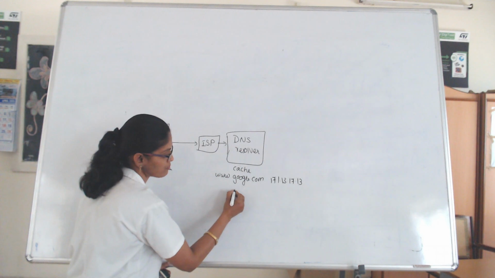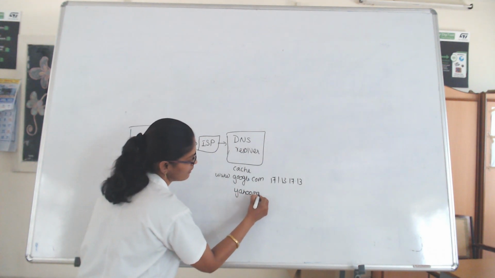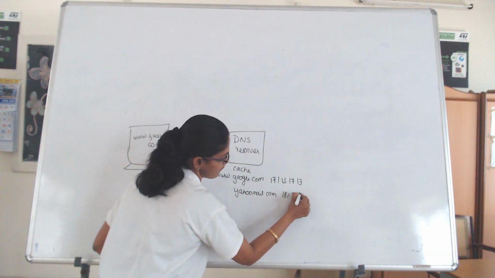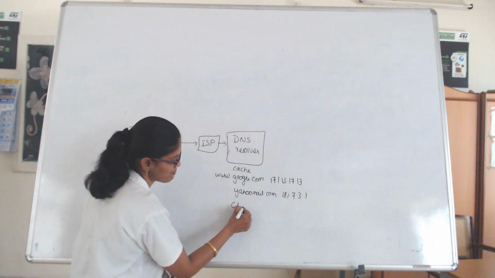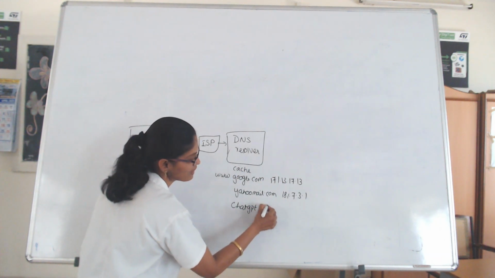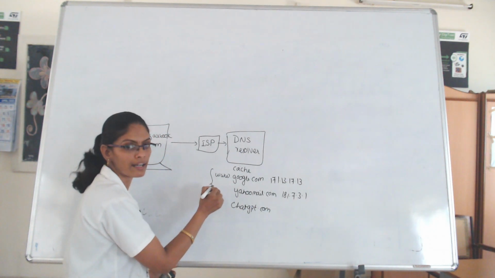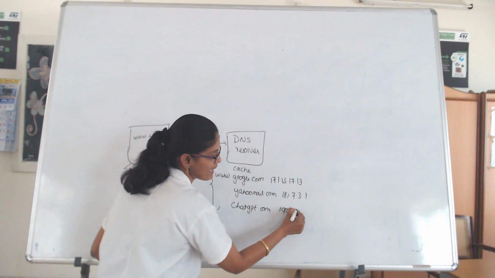Similarly, if you are asking for Yahoo Mail, its IP address will be stored. Similarly, if you have asked for some other websites like ChatGPT, all these web browsed addresses and their corresponding IP addresses will be stored in the cache memory.